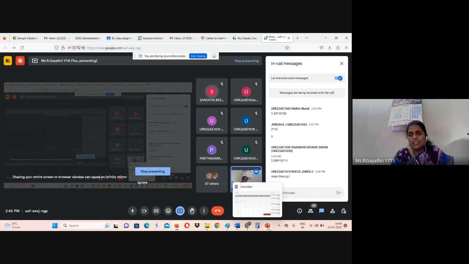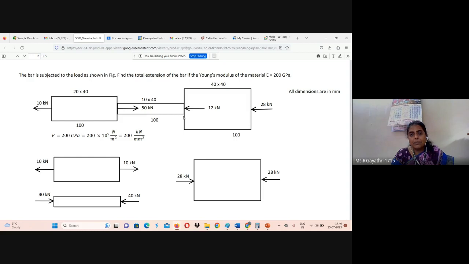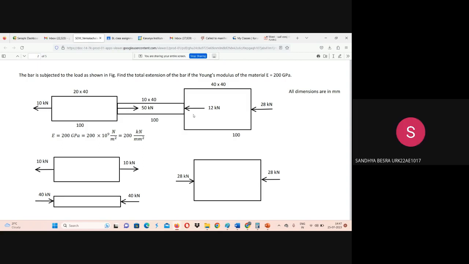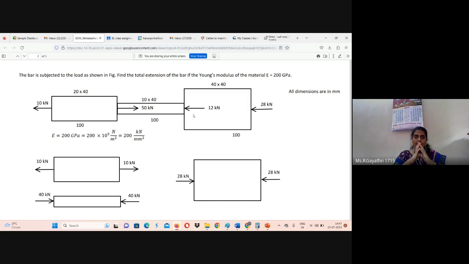You can tell me whether the load is the same or not on every section. No, ma'am. Okay, first section load value. The first section has two loads, 10 kilonewton on the left side, 50 kilonewton on the right side.